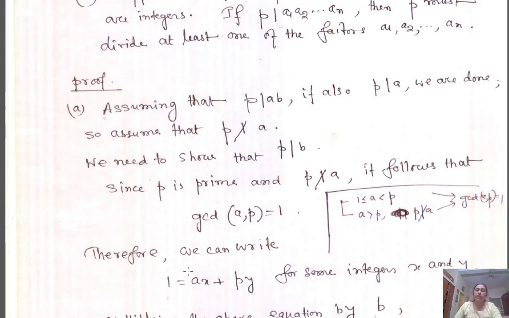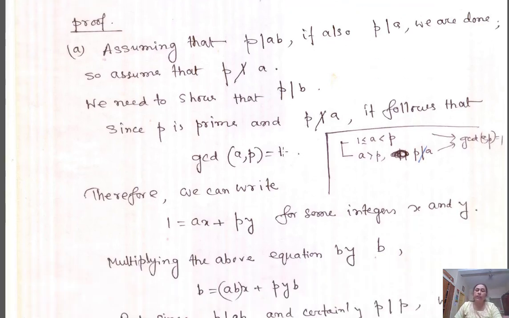So by Bezout's identity, we can write 1 equal to ax plus py for some integers x, y. If you multiply both sides by b, b equals abx plus pby.